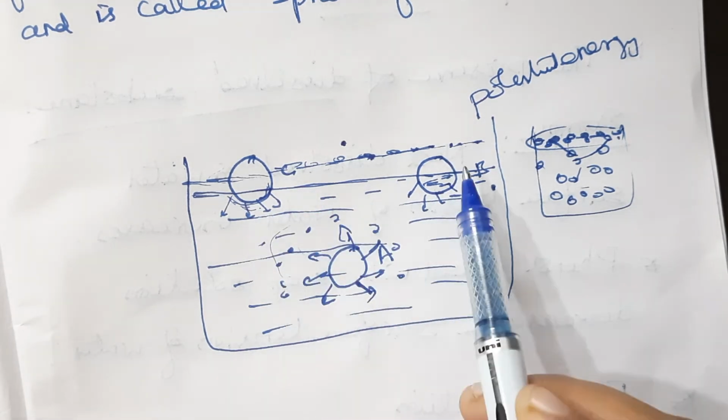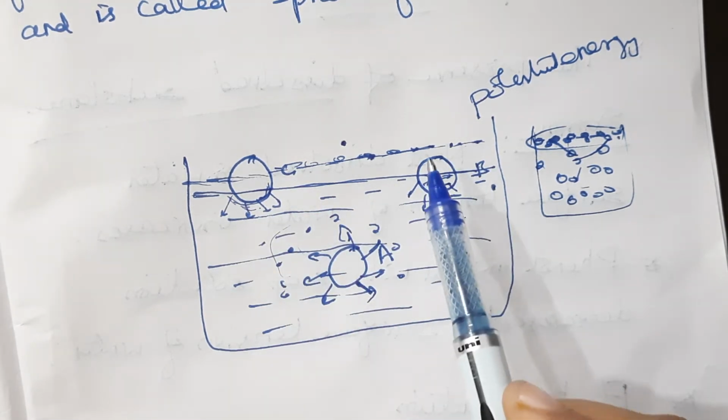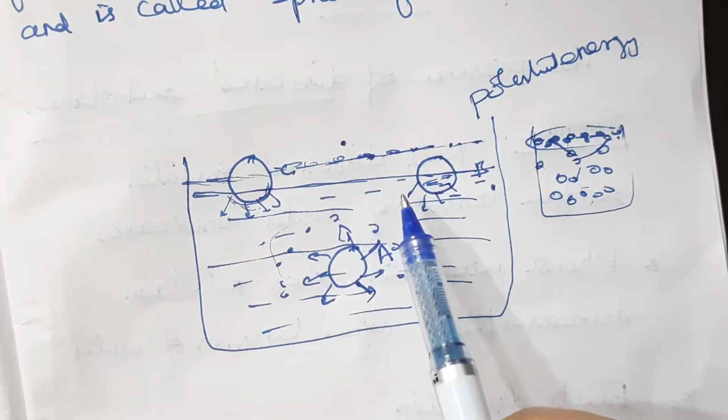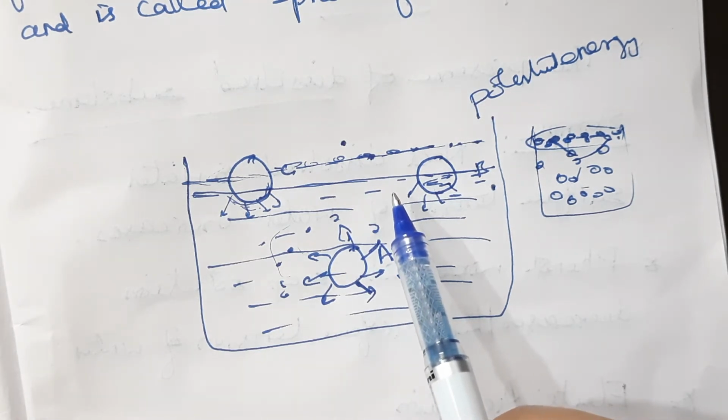That's why it is in stable equilibrium. So, when it is in stable equilibrium, its potential energy must be minimum. Can you understand?